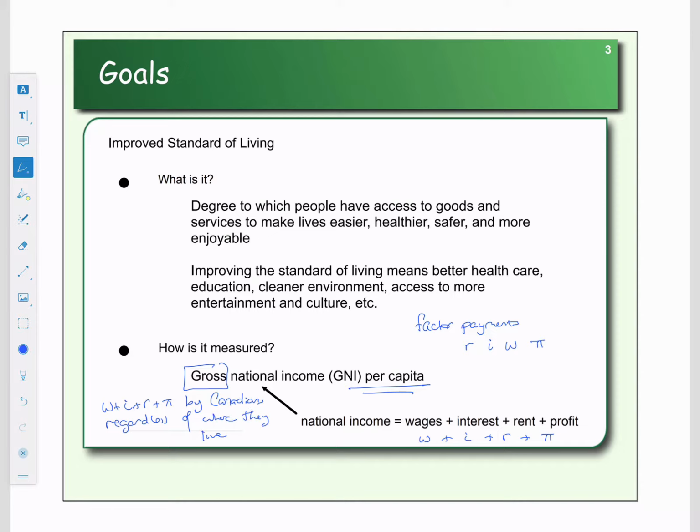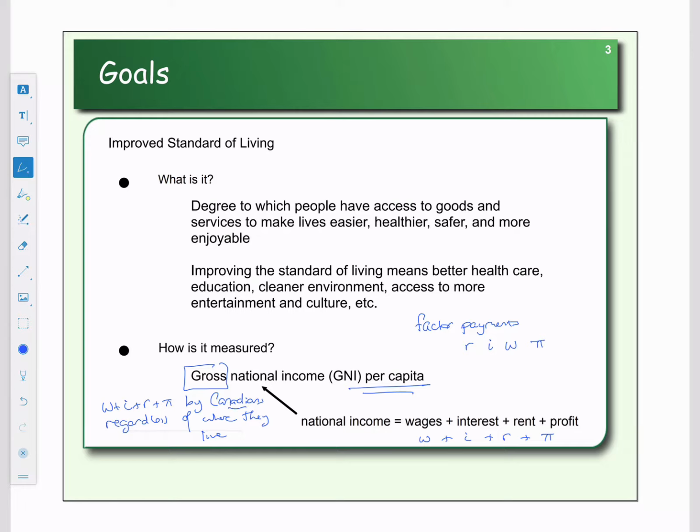So national income is the money that's being earned by everybody within the country. For example, I'm not a Canadian citizen, so I'm included in national income because I make wages here in Canada. But gross national income is the wages, interest, rent, and profits by Canadians, both living inside the country and out.